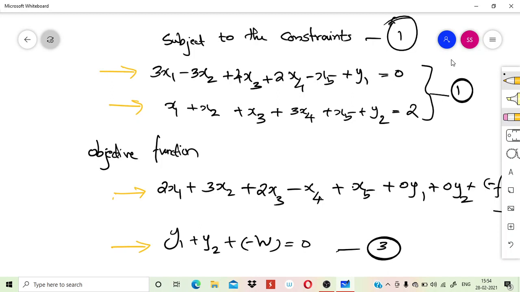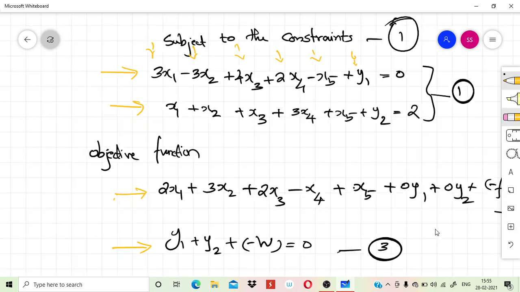Your first column, second column, third column, fourth, fifth, sixth column, and so on. Then you can form a matrix with the coefficients here.